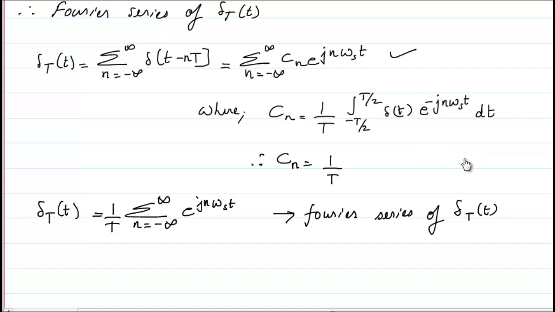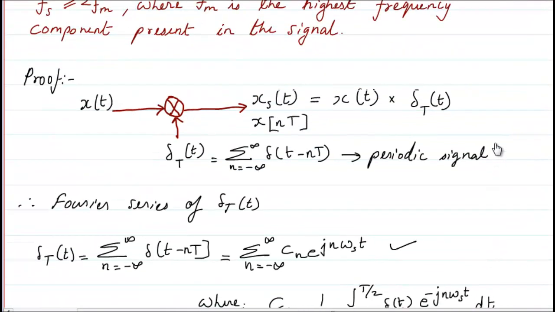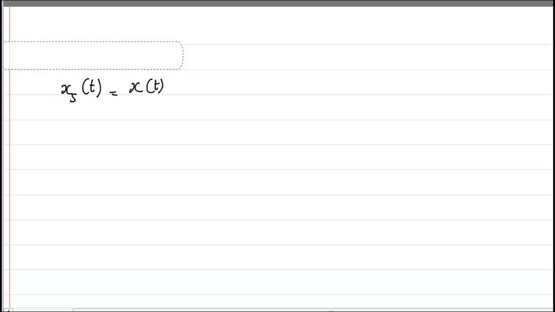Now the next thing that we will try to do is use this. Okay, so next page. Let us write what we had already written. The signal that we are talking about is the sampled signal x_s(t), which we have found is basically the multiplication of x(t) with the train of delta signals.